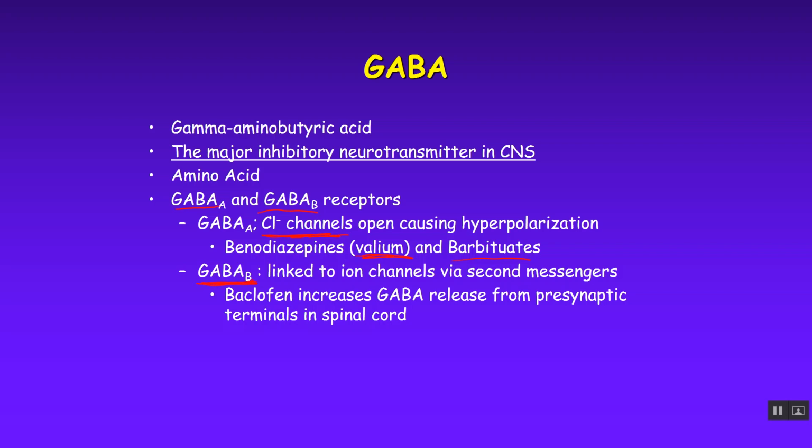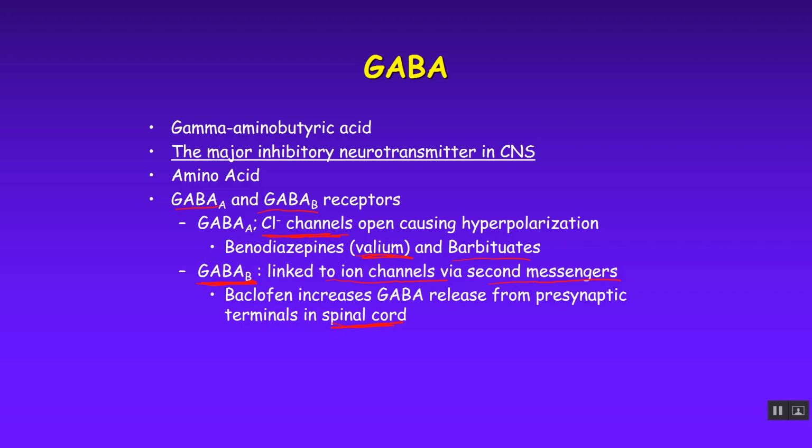GABA B, here's a little exception to the rule. Remember I said that most of these neurotransmitters are fast acting? Well, when GABA falls on GABA B receptors, which happen to be mainly in the spinal cord, they actually influence ion channels via a second messenger system. It's a little longer acting, and it's through second messenger.